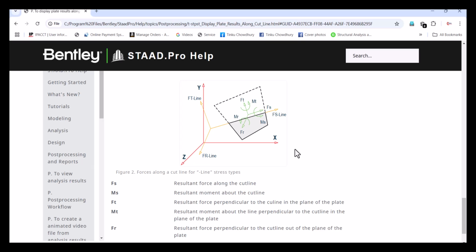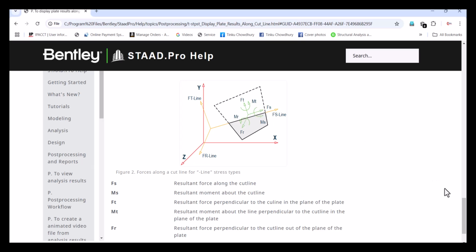So in this portion, if I go to this line, the total force that we can interpret is shown as ms here. Okay, so if I want to design the reinforcement, considering that the bending is going to happen here, then I have to take the moment along this line, right?